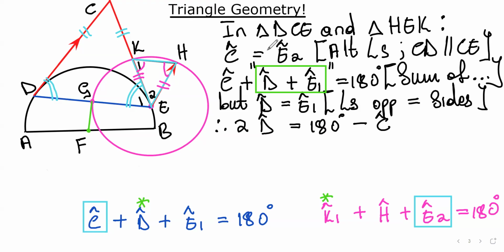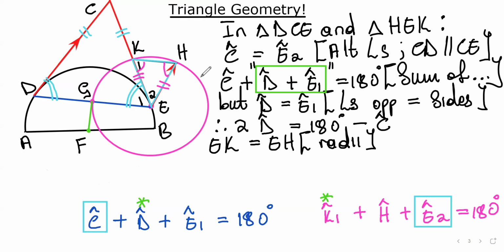Then we can move on to the other triangle. But in the other triangle, I believe it's still necessary for us to convince them that those two sides are equal to each other. So let's do that. So we say EK is indeed equal to EH because they are radii of your circle.